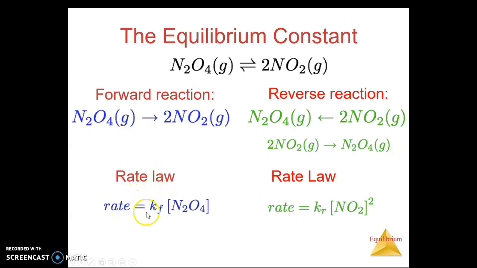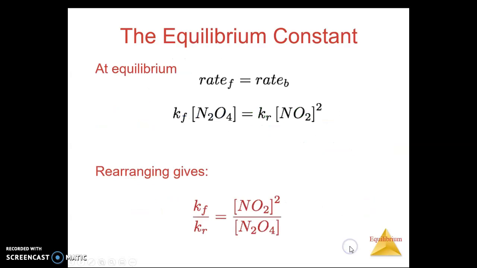For the forward reaction, Kf, K forward, times the N2O4, which is breaking up, and the rate law for the reverse reaction is K reverse times the square of the NO2 partial pressure or concentration. Now, what do we do with that? Well, we know the rate of the forward reaction is equal to the rate of the reverse reaction, which means K forward times N2O4 is equal to K reverse times NO2 squared.